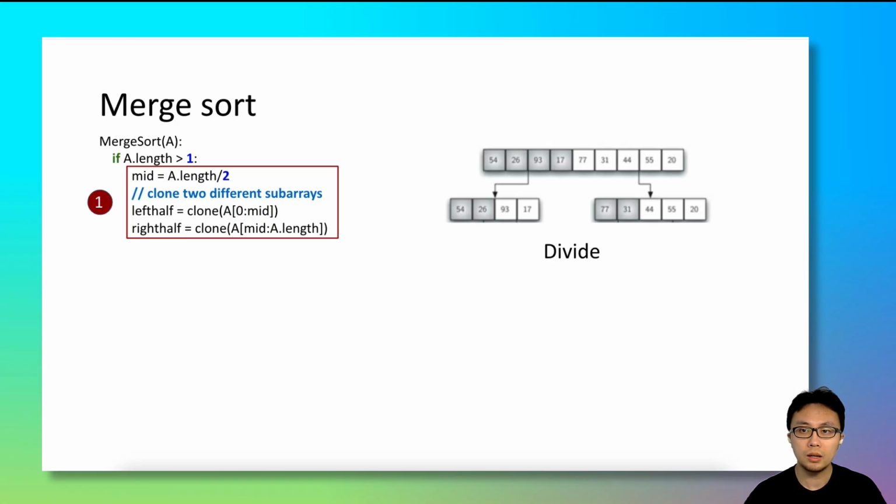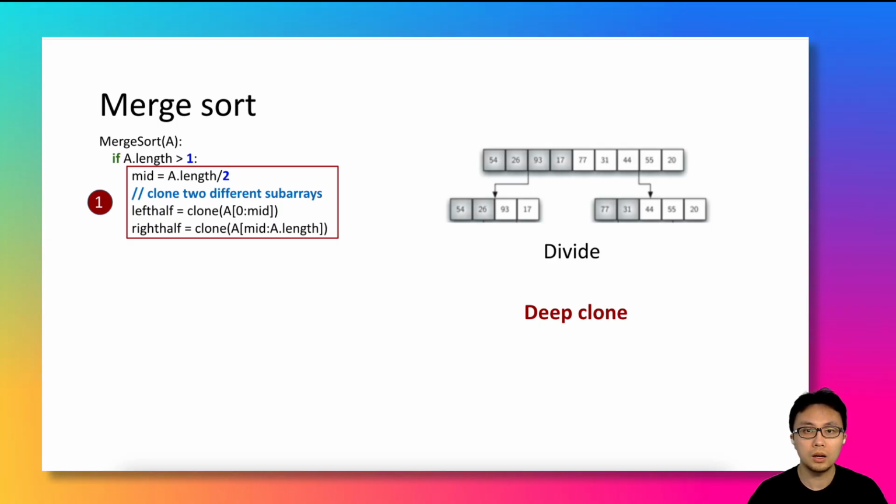After that, this block of code makes 2 deep copies of the left and the right halves. Note that it's a deep copy. In other words, the variables left half and right half here refer to 2 totally different arrays from the left part or the right part of the original input array. But the left half will end up having the same elements as the left half of the original input.